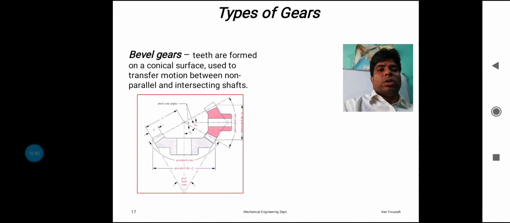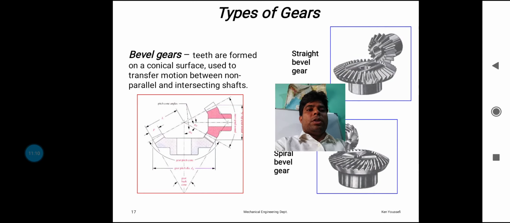So the two axes coincide at an angle of about 90 degrees. In bevel gears the shafts are non-parallel and intersecting. That is why this type of gear is called the bevel gear.